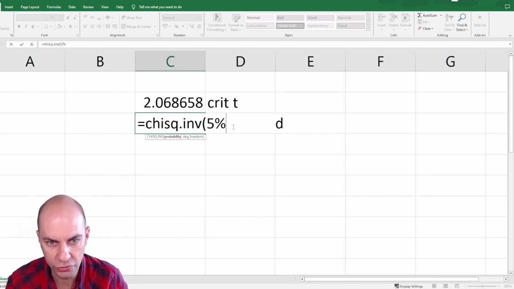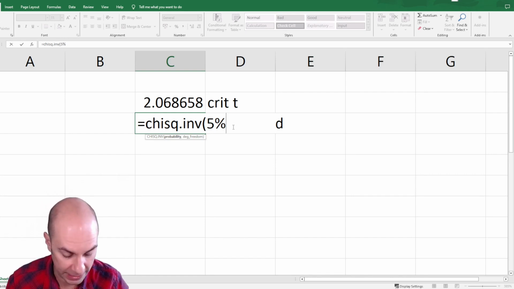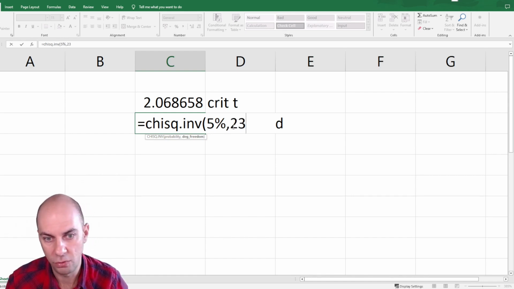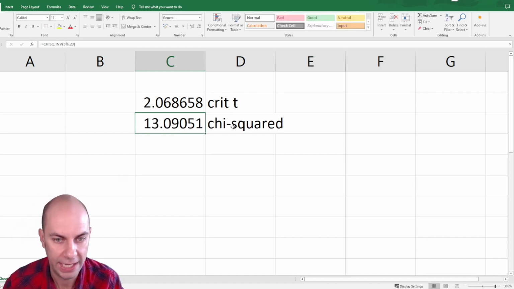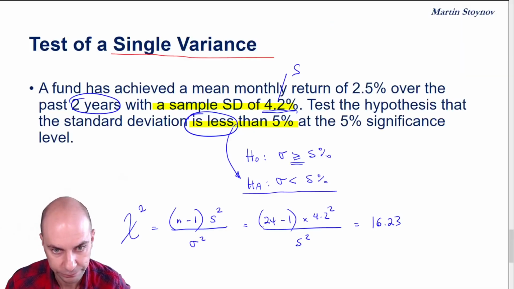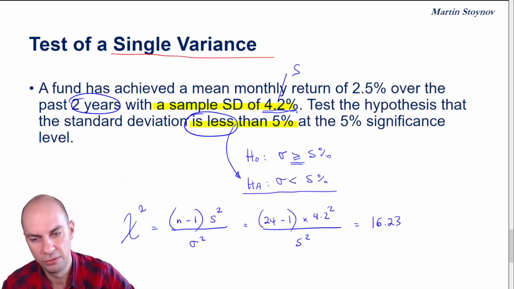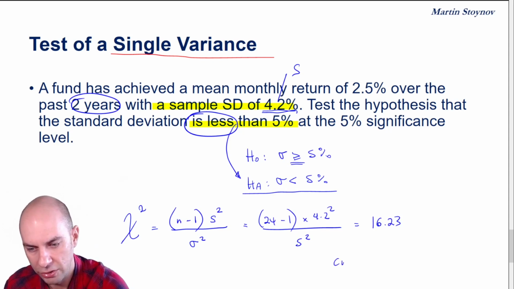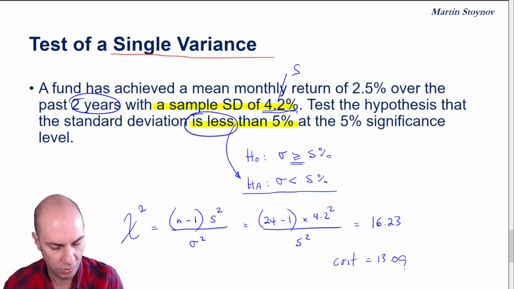Remember, I do want 5% in the left tail, so the entire rejection probability sits in the left tail. And also, I want 23 degrees of freedom. So I'm going to get a critical chi-squared value of 13.09. Okay, back here, we can write that. So critical is 13.09.